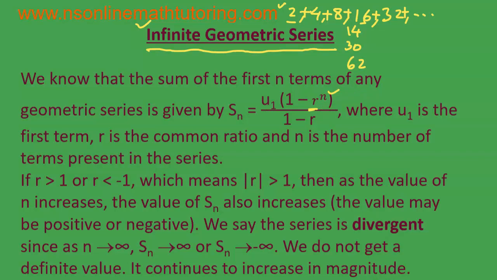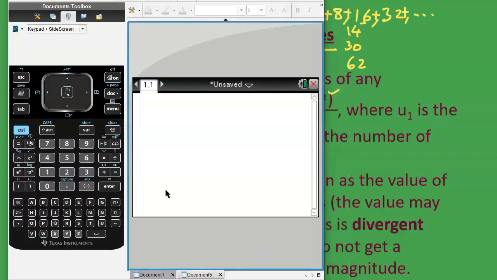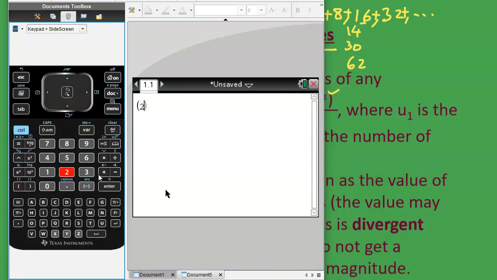Okay. So I use a calculator. 2 times 1 minus 2 to the power of 100, and then it is divided by 1 minus 2. I have used this form, Sn equals U1 times 1 minus R to the power of n divided by 1 minus R. You have the other form as well, where it is Sn equal to U1 times R to the power of n minus 1 divided by R minus 1.